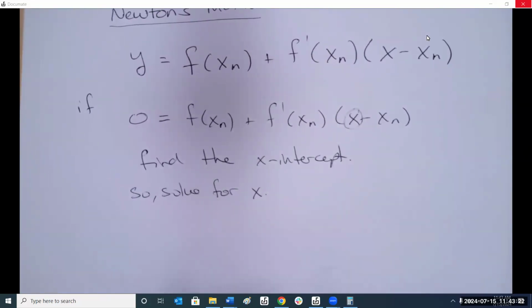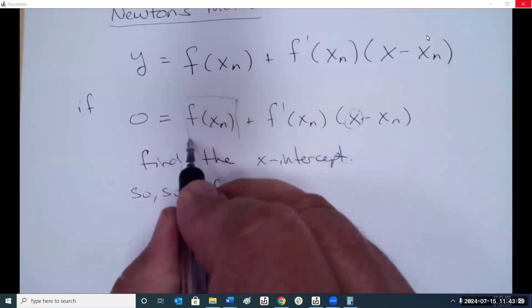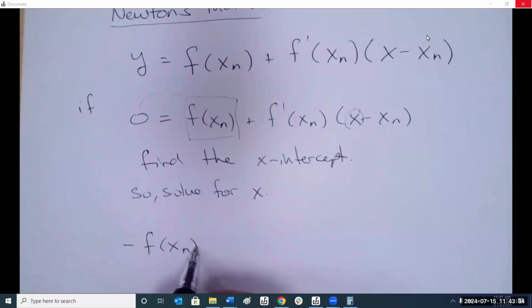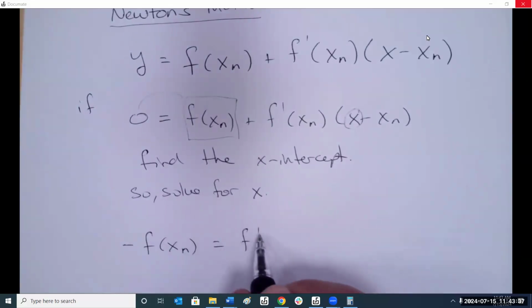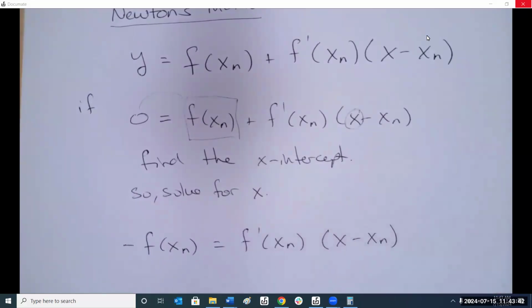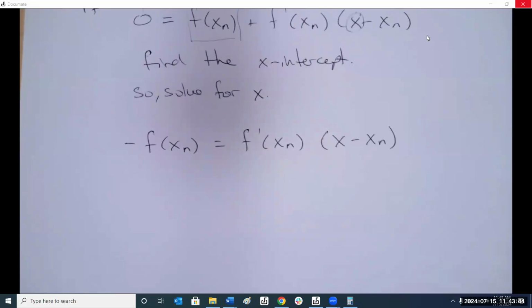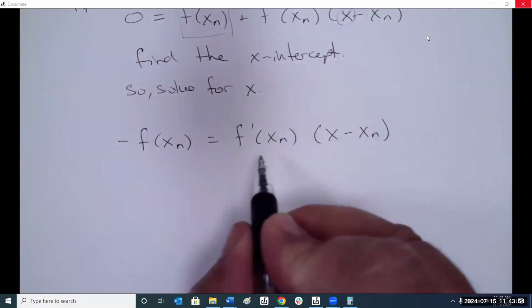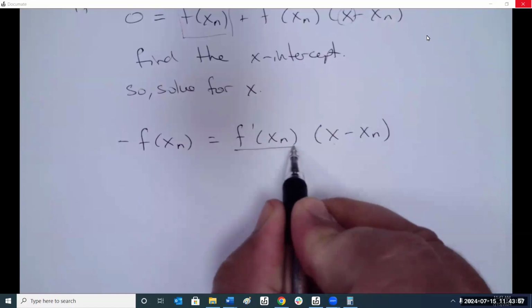What's the first thing we do? Get rid of anything added or subtracted, so move this over first. We get negative f of x sub n equals f prime x sub n times x minus x sub n. Since we're solving for x, get rid of the f prime.